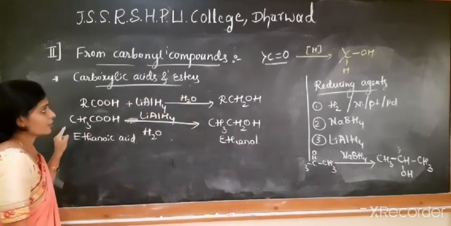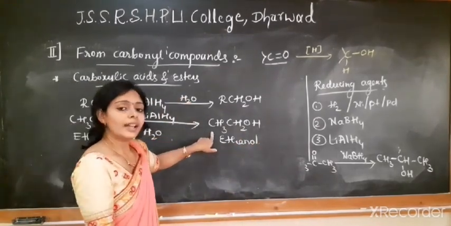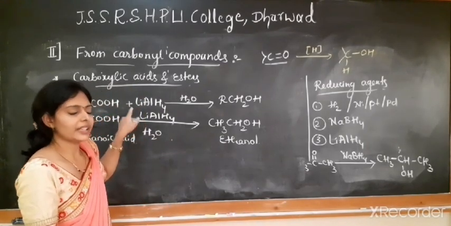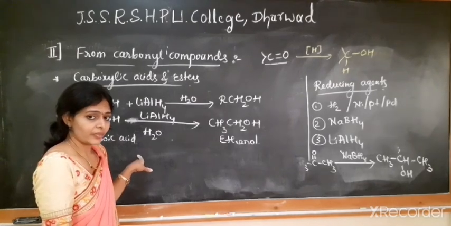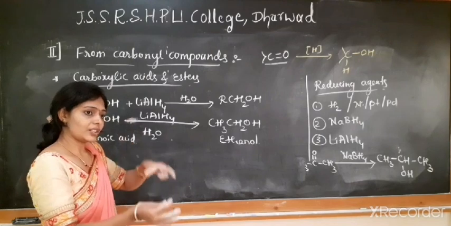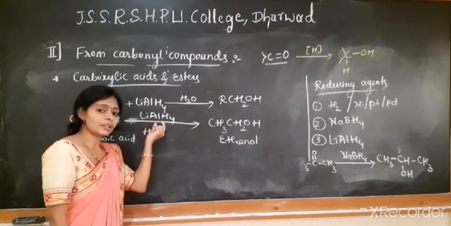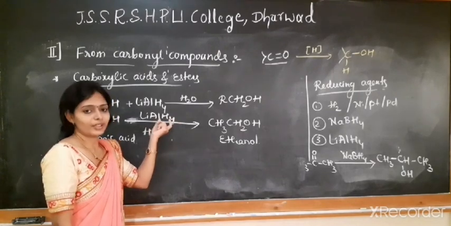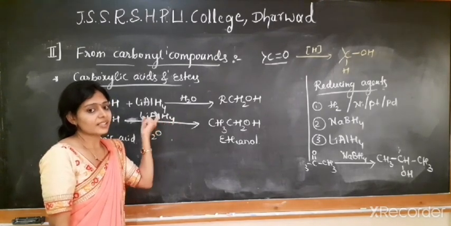So this is the reduction of carboxylic acid to the alcohol. And remember, lithium aluminium hydride is an expensive reducing agent. Whenever the reduction is possible only by taking lithium aluminium hydride, only in that case we use it. Otherwise we don't go for this particular reagent as it is expensive.